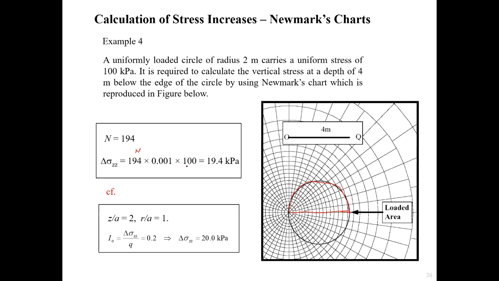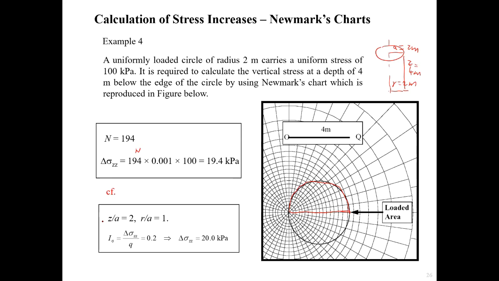Because this is a circular loading problem, refer to the previous slide. Z equals 4 actually. We have circular loading at a depth of 4 meters, with Z equal to 4, A equal to 2 meters and R equal to 2 meters.